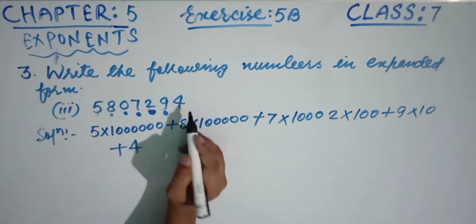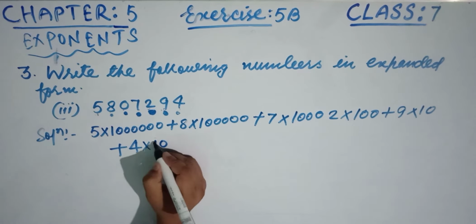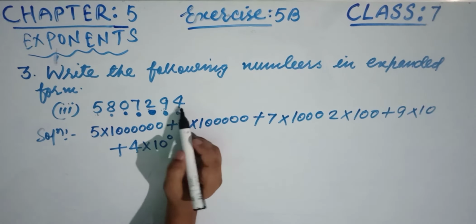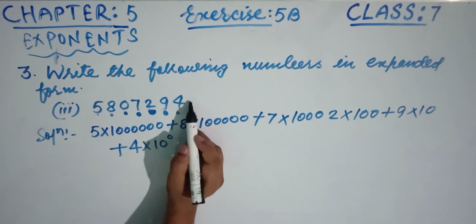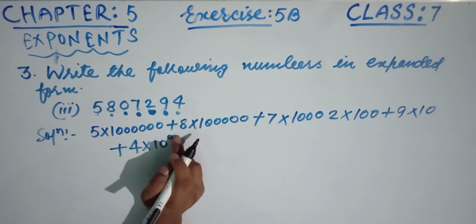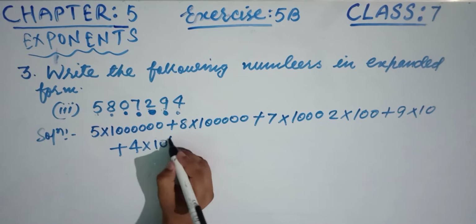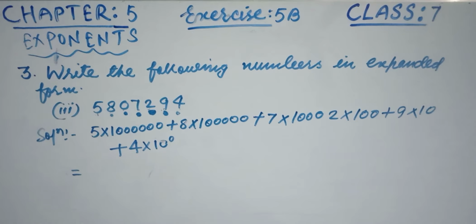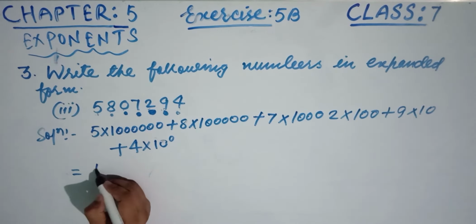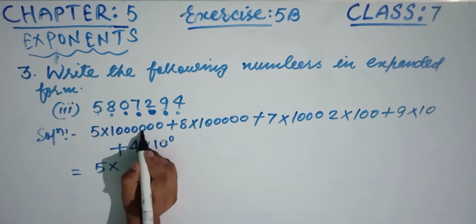So how many digits after this 4? No digits, means here is 10 raised to power 0, because there are 0 digits after this 4. Now see friends, here the 5, and the number of zeros is 1 2 3 4 5 6.